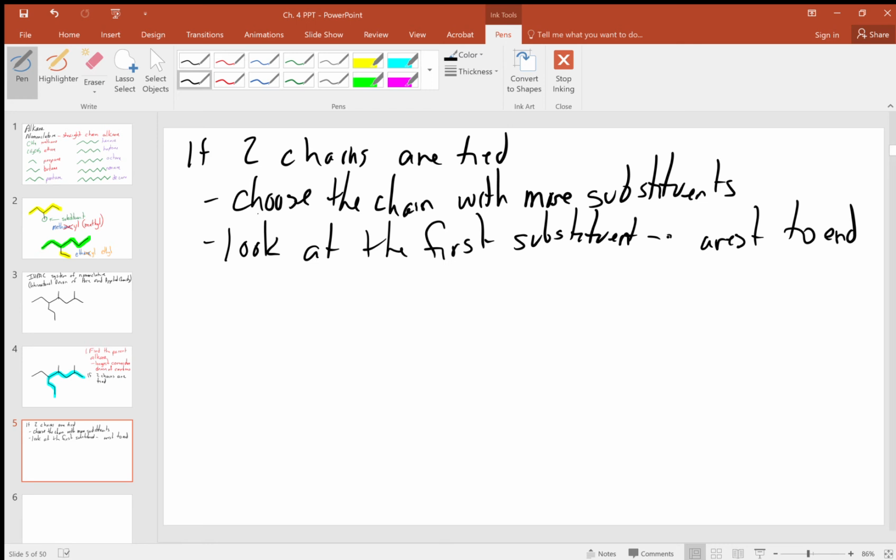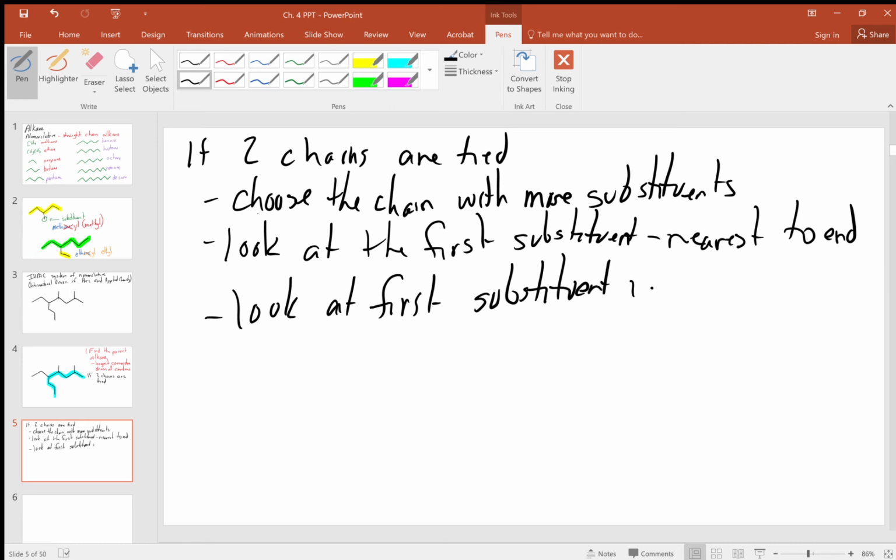If that still doesn't break the tie, then we look at the first substituent in each chain and choose the one that comes first alphabetically.